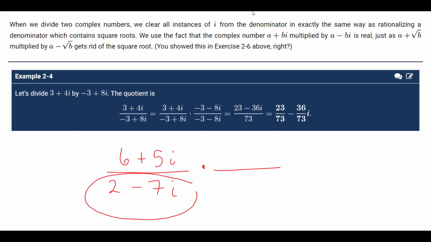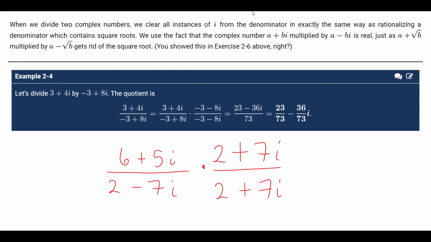So look at this. The only thing that changes is the sign in the middle, okay? So we would write 2 the way it is, and then we're going to put a plus 7i, 2 plus 7i. Okay, it's nice to do brackets. The brackets remind you to use FOIL, okay?